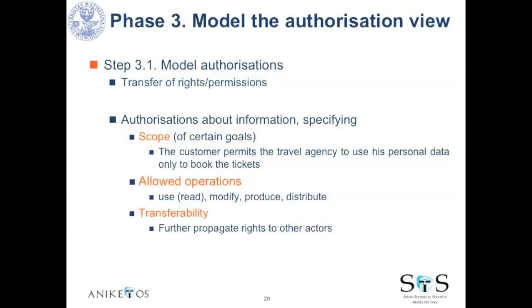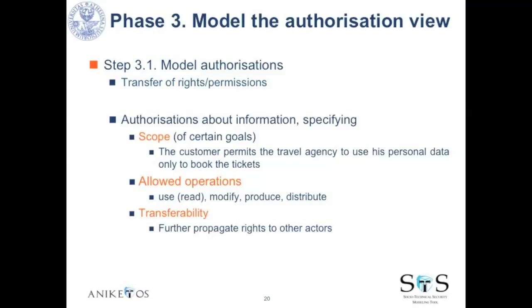So basically the transfer of permissions from one actor to another, where the first actor is mainly the owner of information. We assume that the owner of information has the right to legitimately transfer permissions to others on how to manipulate his information.